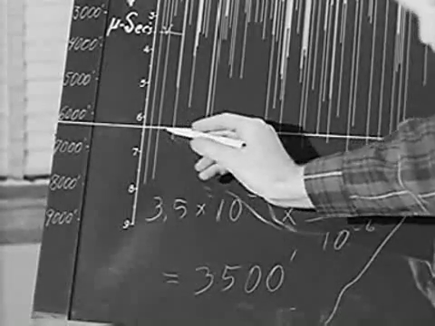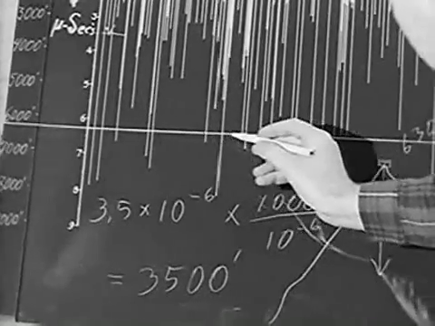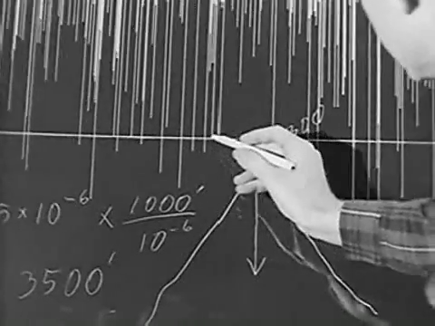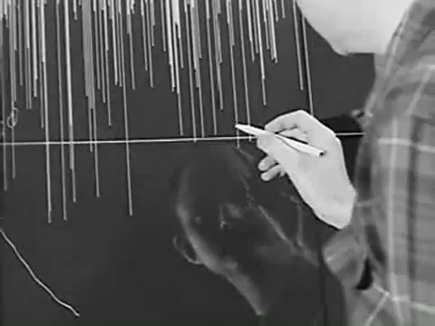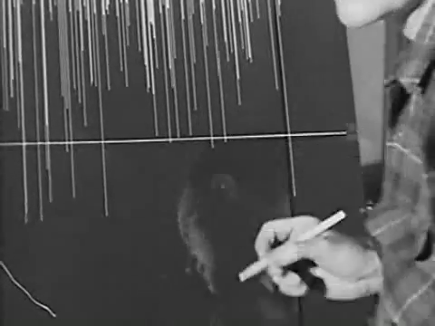There's 1, 2, 3, 4, 5, 6, 7, 8, 9, 10, 11, ... 24, 25, 26, 27. So, if we take our equipment down to sea level, we expect to find 27, or about 27, mesons stopping and dying in our plastic each hour.